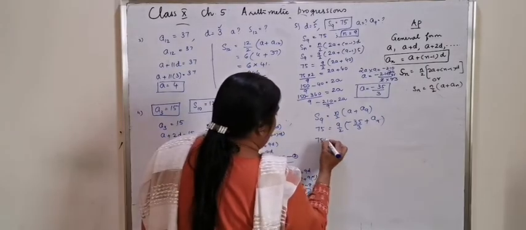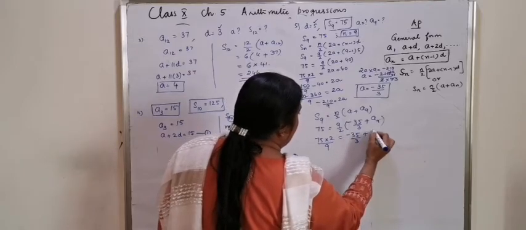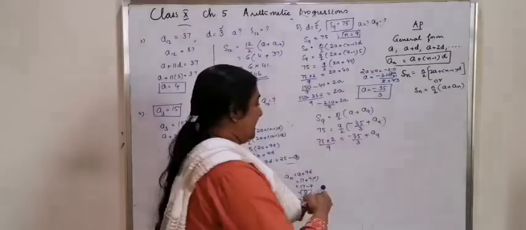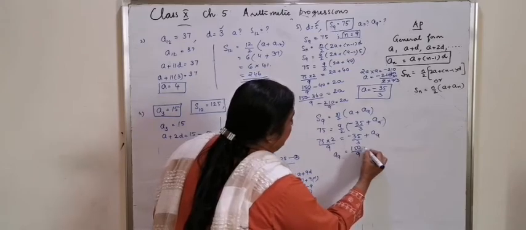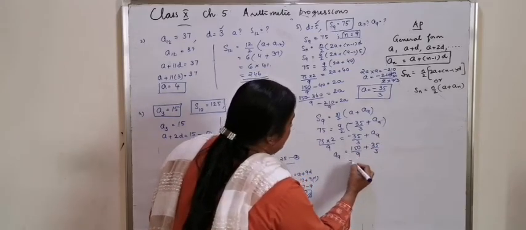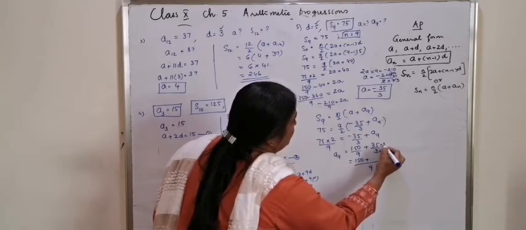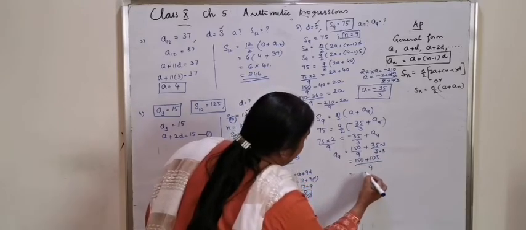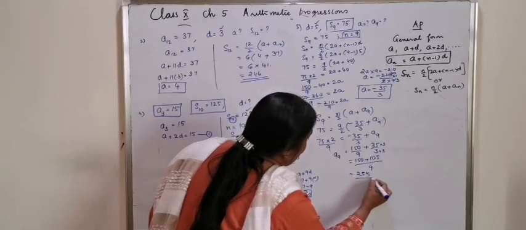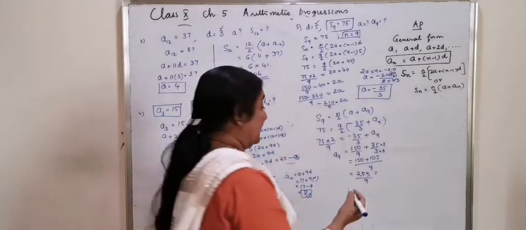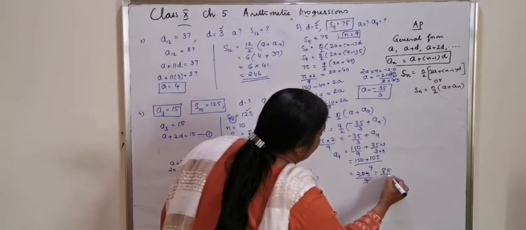Again, 75 into 2 by 9 is equal to minus 35 by 3 plus A9, or A9 is equal to 150 by 9 plus 35 by 3. LCM is 9. 150 plus 35 into 3 is 105, so 255 by 9, which is divisible by 3, which is equal to 85 by 3.